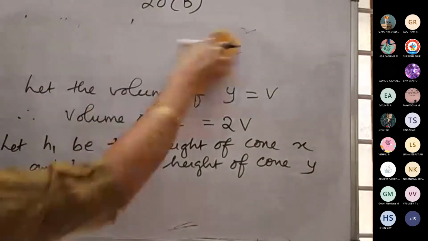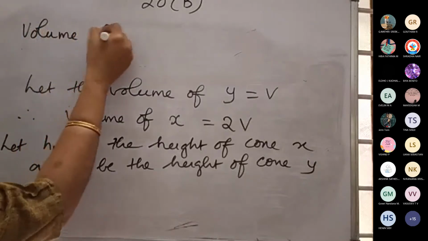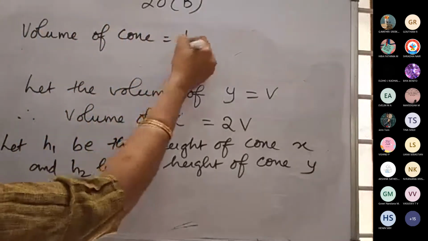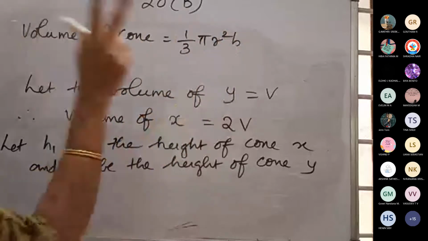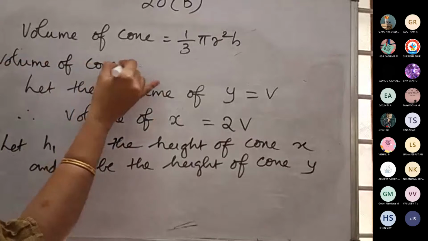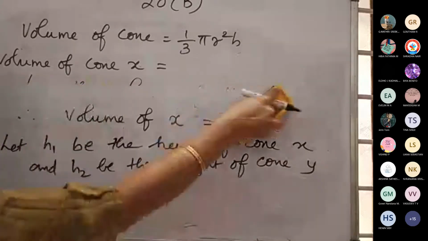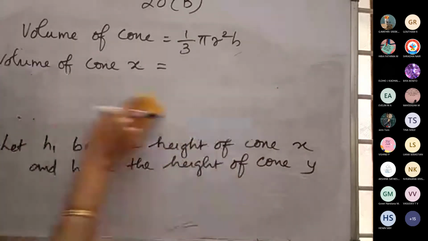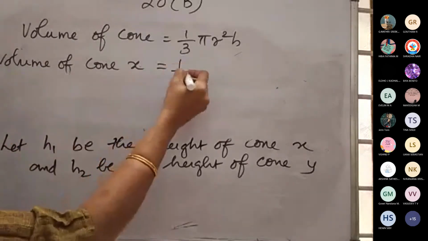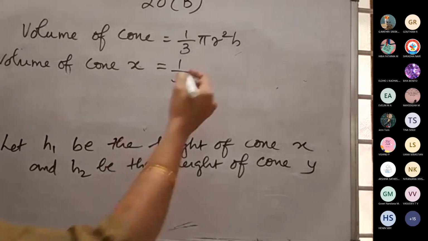We know the volume of cone is equal to 1 by 3 pi r square h. We have two cones, so first we will do the volume of cone X. Volume of cone X: 1 by 3, pi as pi itself.